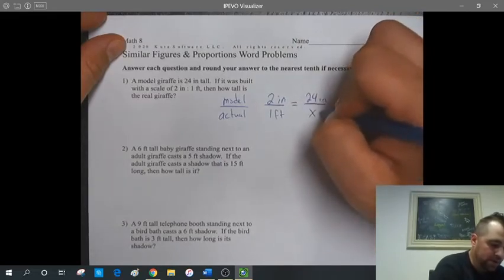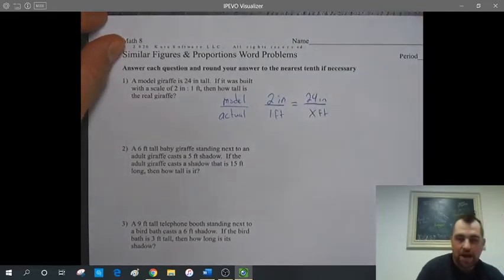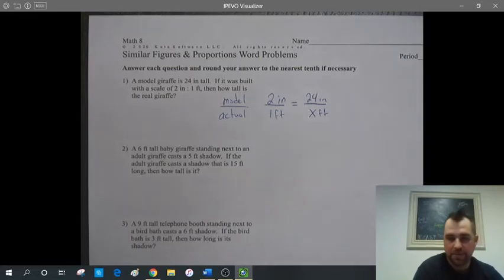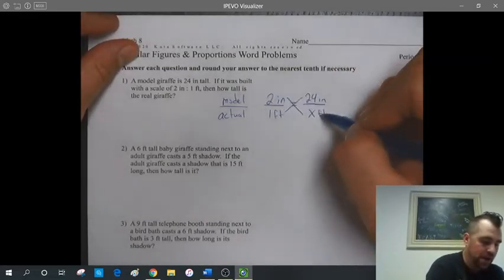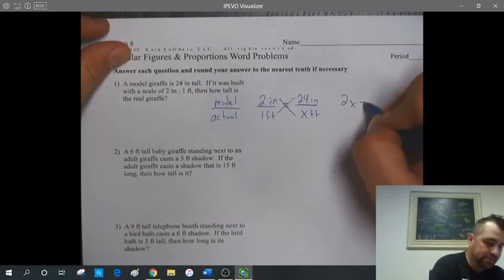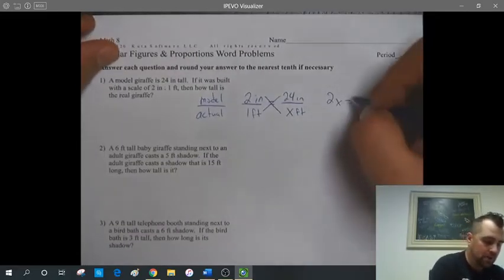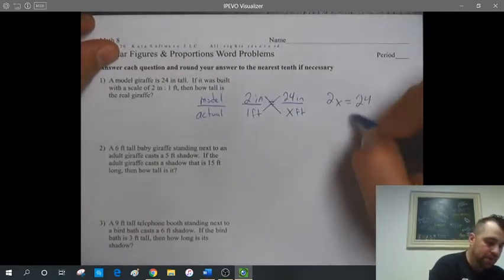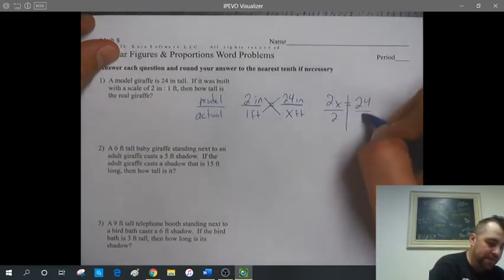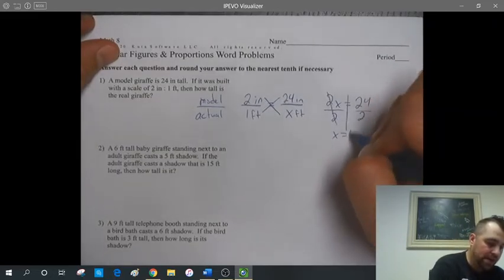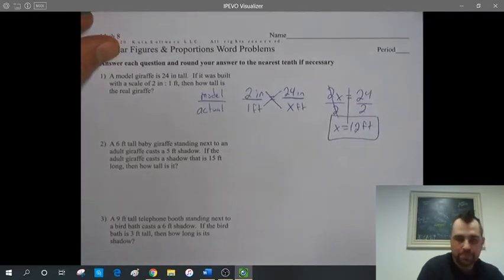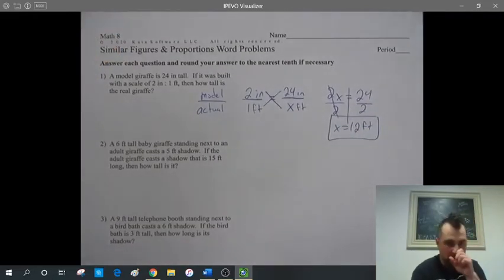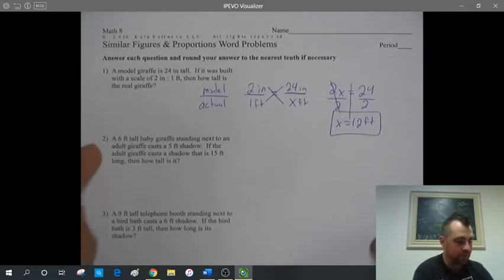Then what I want to know is how many x feet the giraffe actually is. Now I can cross multiply here. I get 2x is equal to 24. Divide by 2 to both sides, and x will equal 12 feet. Okay, so that's a scale type question.